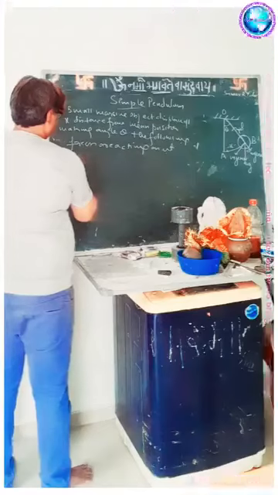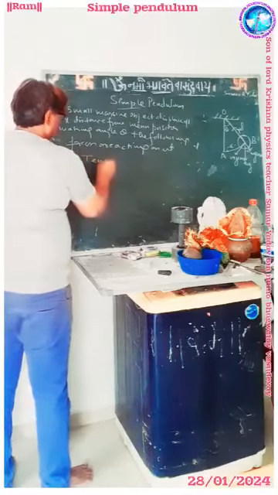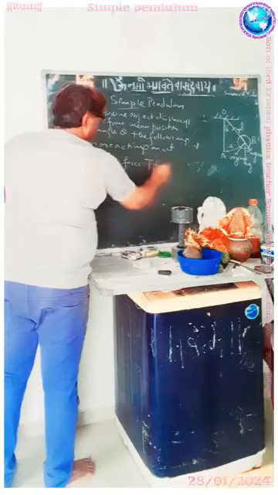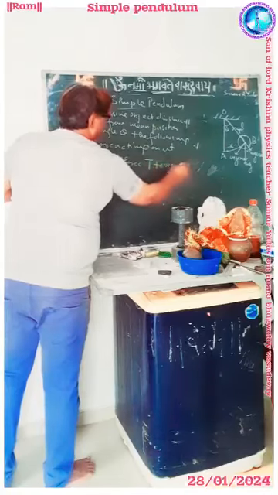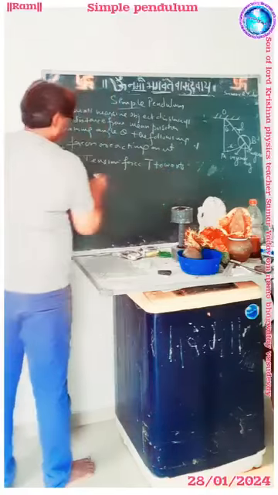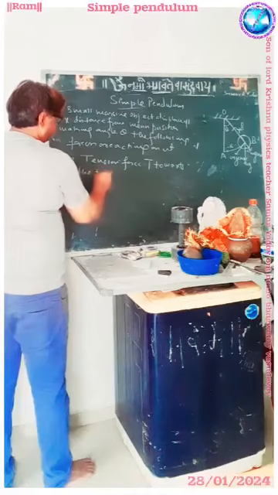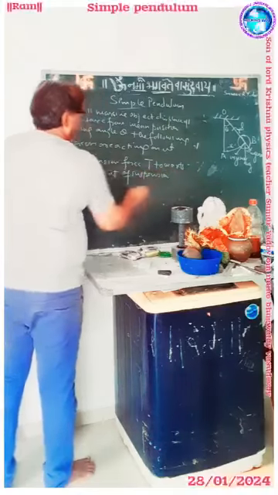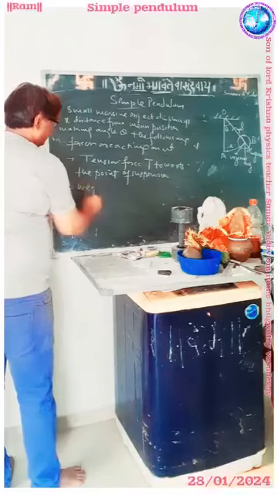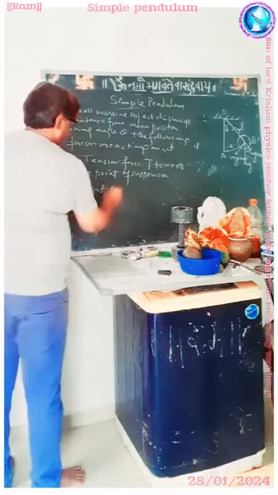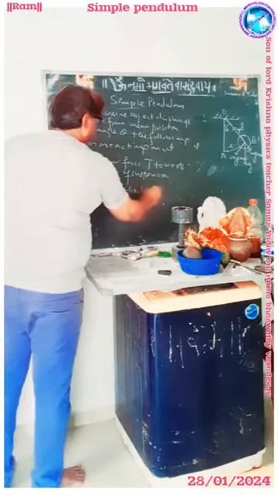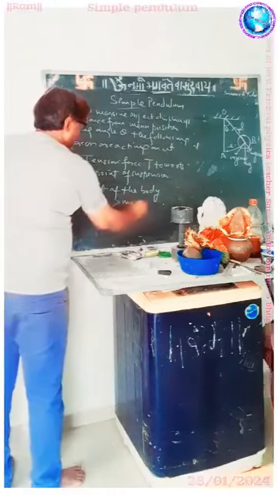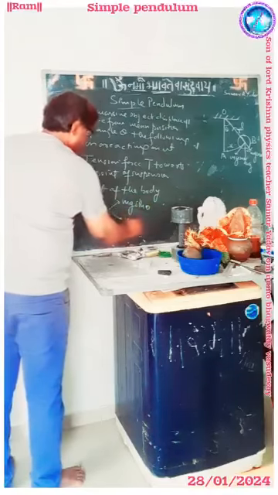First is the tension force T towards the point of suspension, and second is the weight of the body, that is mg, which has two components: mg sin theta and mg cos theta.